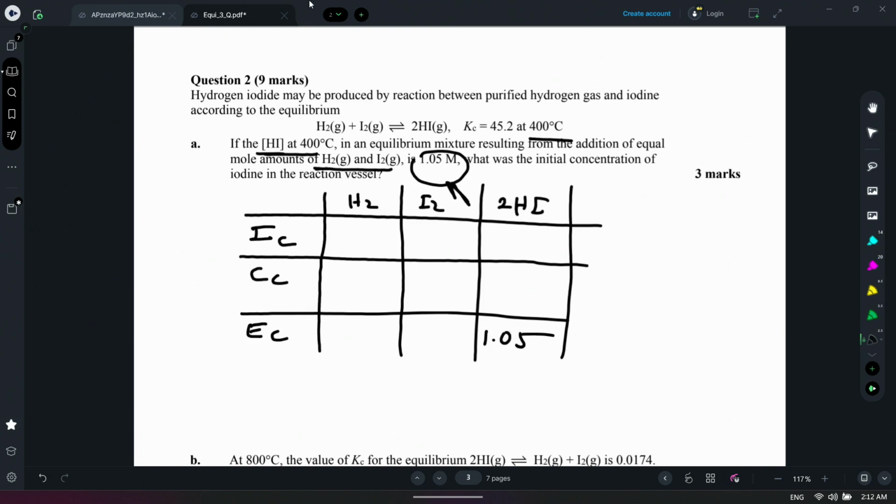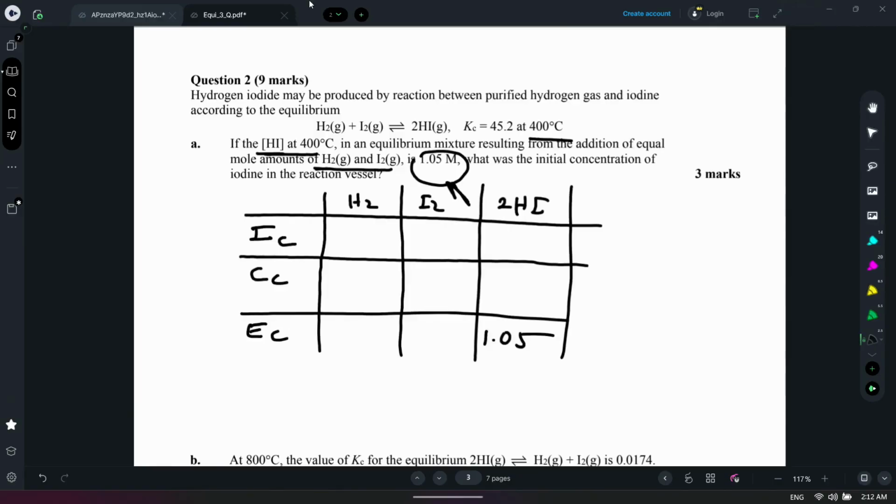See, that's the only thing. That is the only information that is given to you. Other than the fact that they are also saying you have used an equal amount of hydrogen and I2 at the beginning.